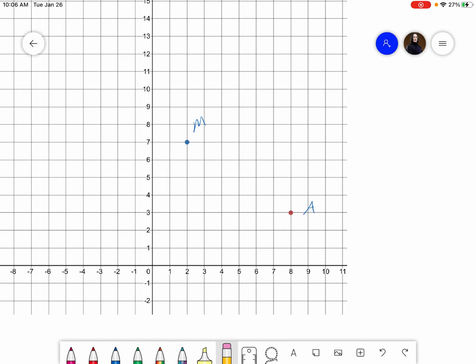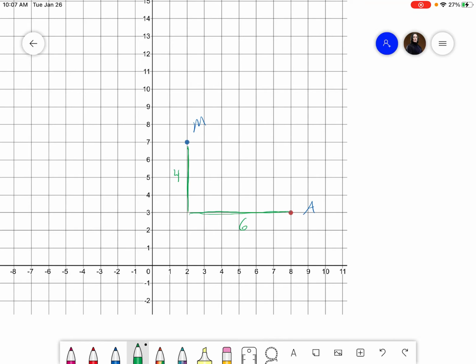What I'm going to do is use the concept that if I travel A to M, as I move 6 units over in the negative x direction, I'm going to move 4 units up.